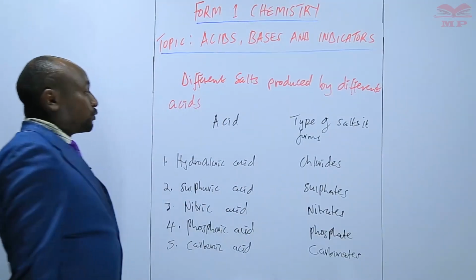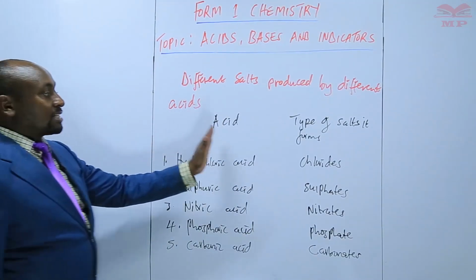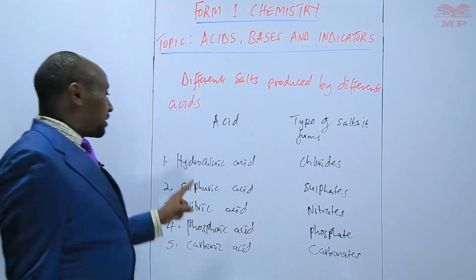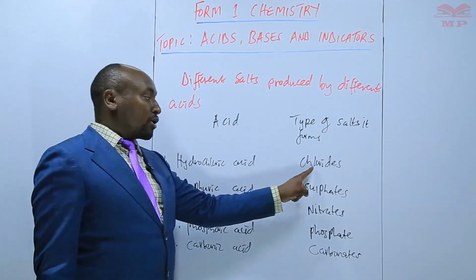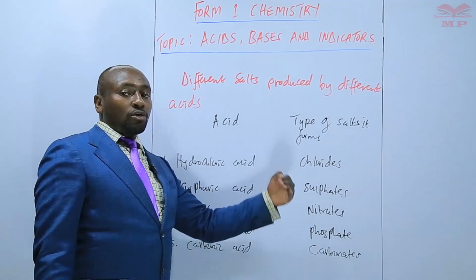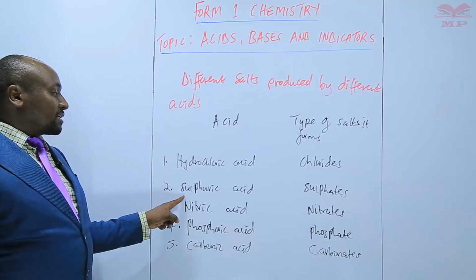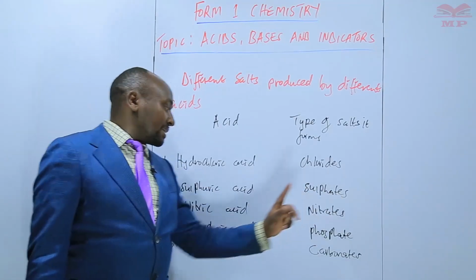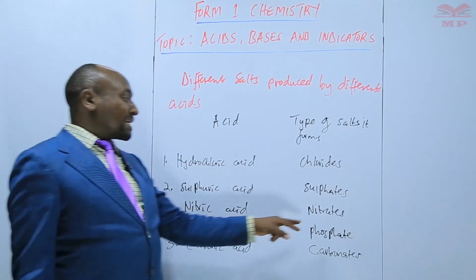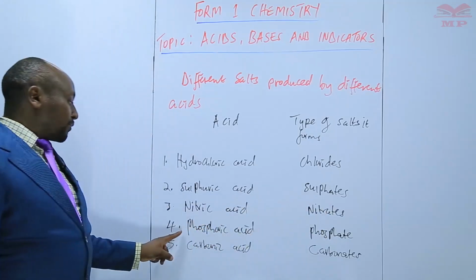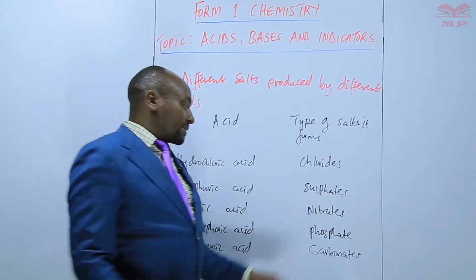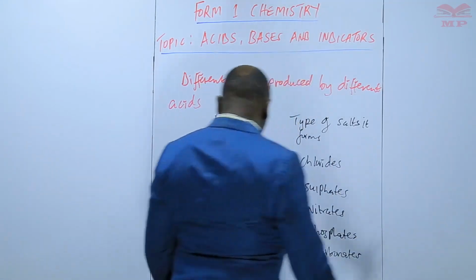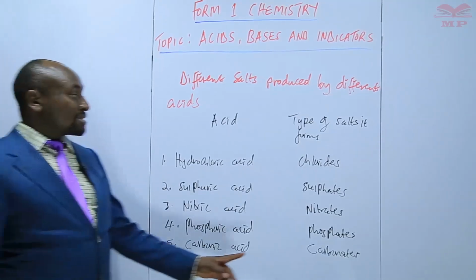So basically, we are saying that we have an acid and the type of salts it forms. Hydrochloric acid forms chlorides, salts that are called chlorides. Sulfuric acid forms sulfates. Nitric acid forms nitrates. Phosphoric acid forms phosphates. And carbonic acid forms carbonates.